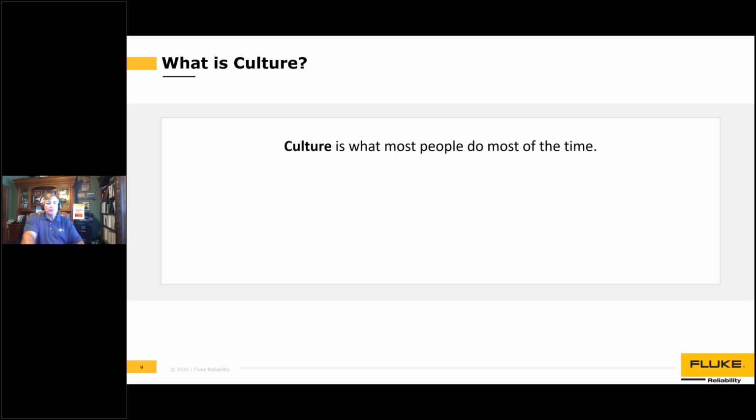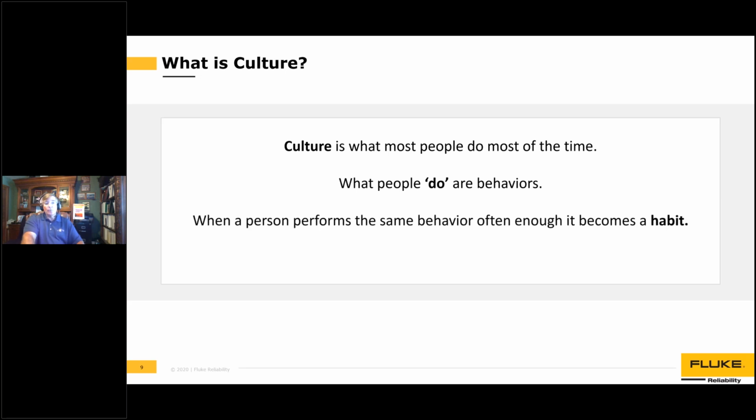So, what is culture? Culture is simply what most people do most of the time. And what people do are behaviors. So when a person performs the same behavior often enough, it becomes a habit. And when most people have the same habit, that's what becomes the culture.